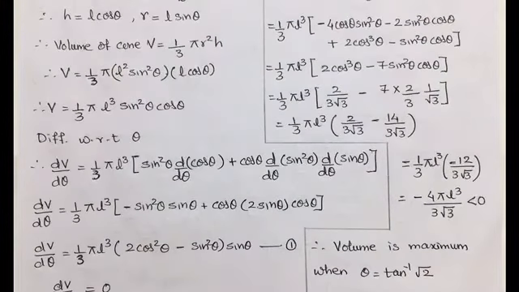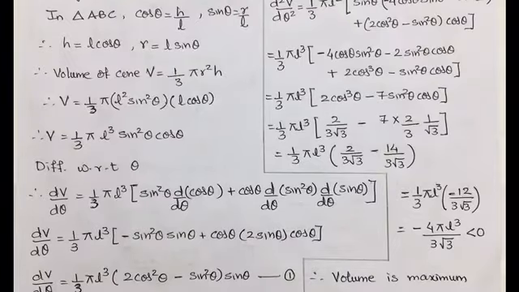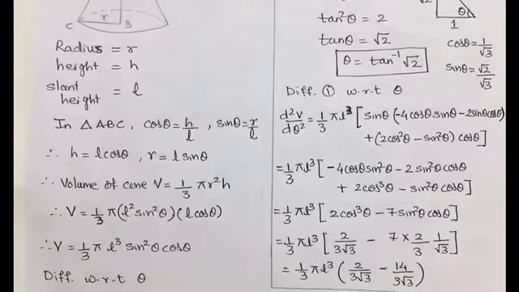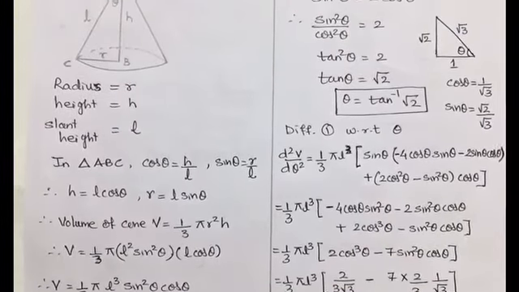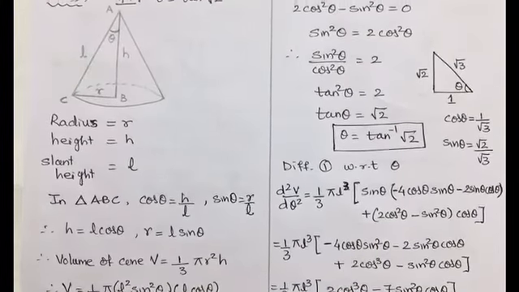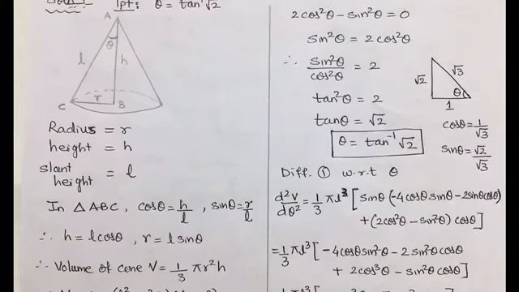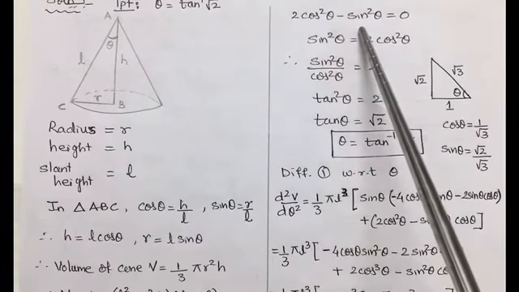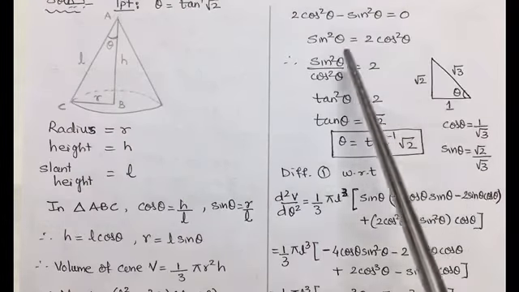Now taking all the terms to the other side, we are left only with the bracket 2 cos square theta minus sin square theta equal to 0.